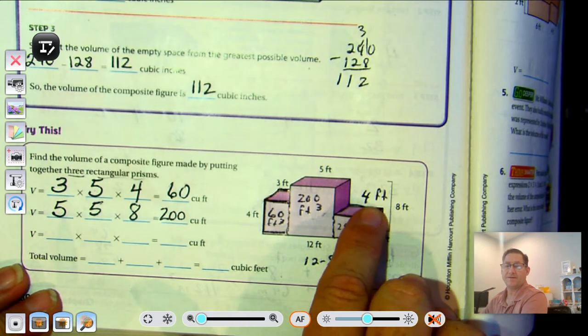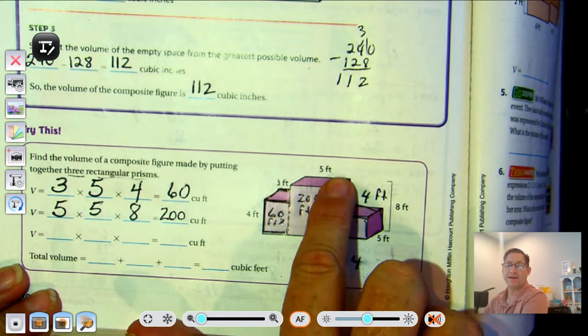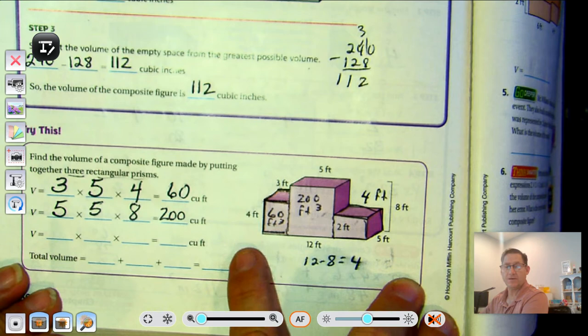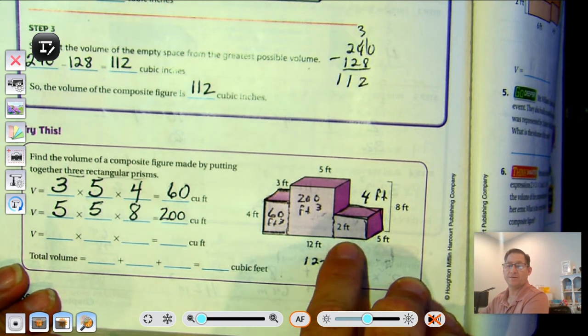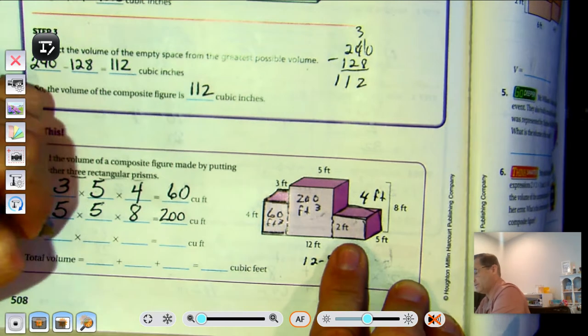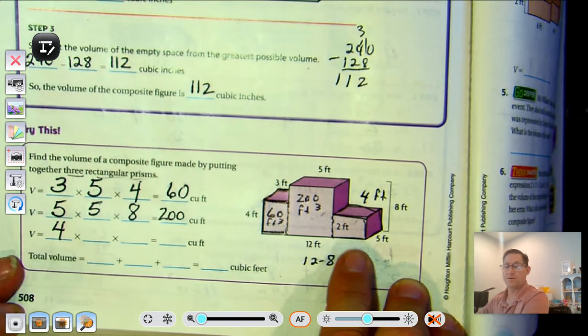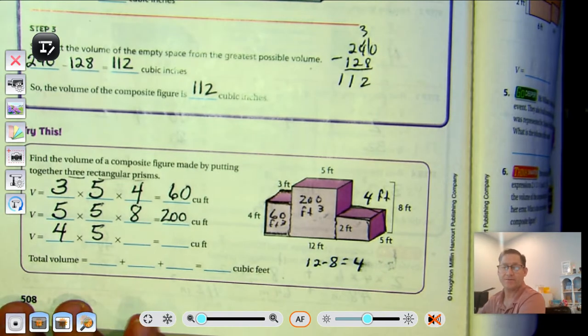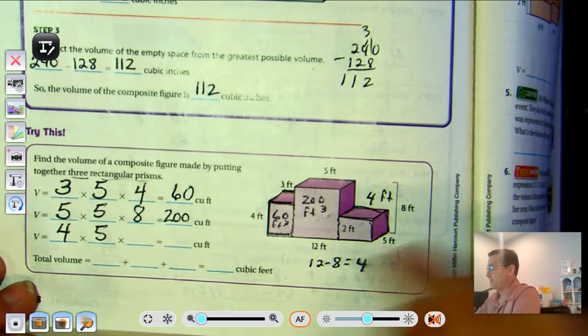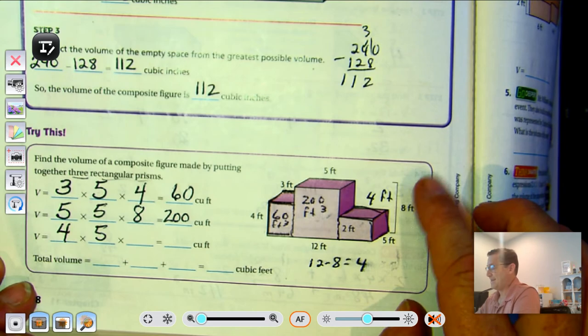Let's see if that makes sense. 4 plus 5 is 9. 9 plus 3 is 12. So yes, if we combine all 3 rectangles, we get a length of 12. Just the one on the right, though, is a length of 4. The width stayed the same. All 3 rectangles have the same width. And the height of this one, well, it's not 8 feet.